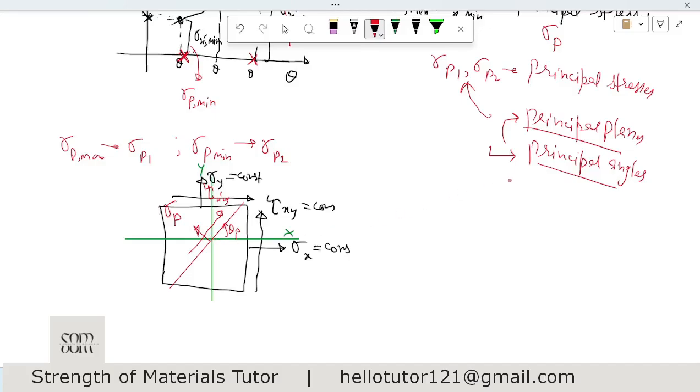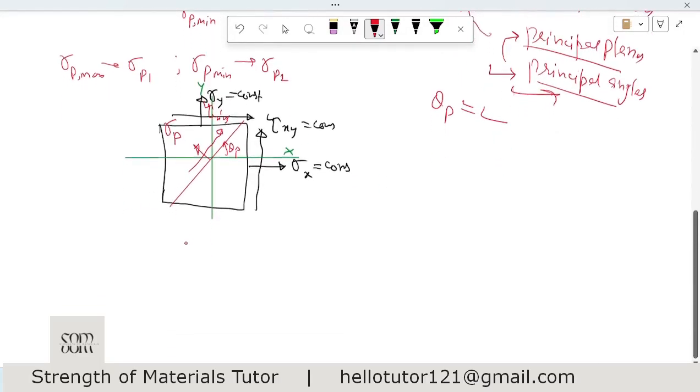When we find the angles, we see there are basically two values of sigma p, sigma p1 and sigma p2, and we will see where sigma p2 is. There is another plane where there will be sigma p2. So we will understand that when we find the angle. So let us find this theta p, and we will know more about it.